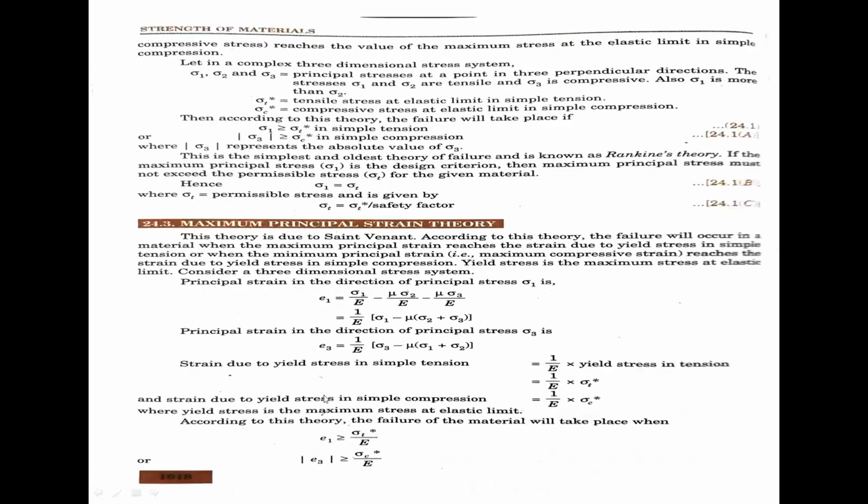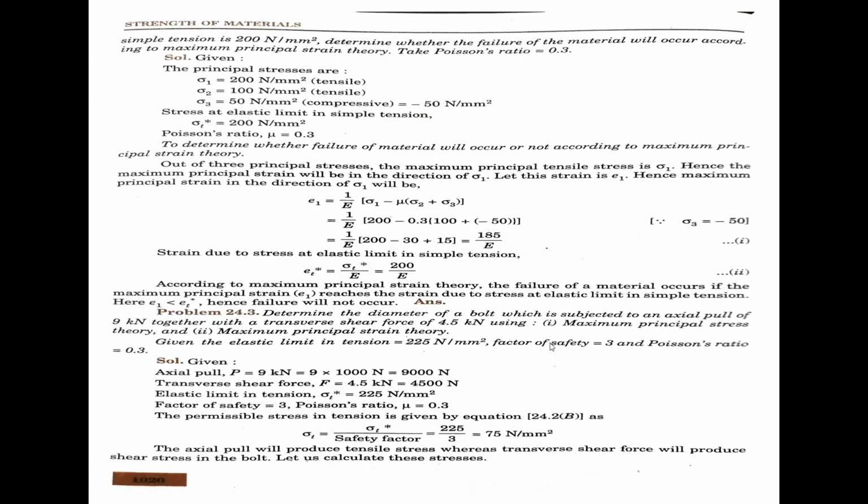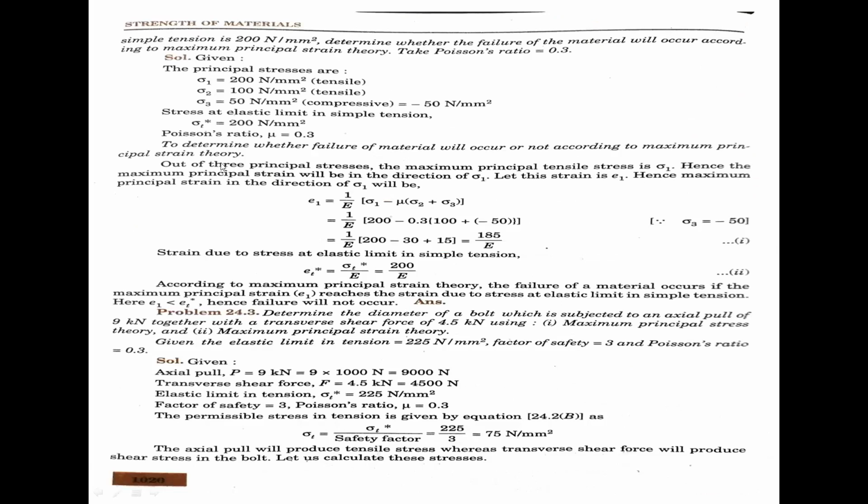These are the maximum principal strain theory equations. You get the e3 value and e1 value. In simple tension, the formulas are sigma t star by capital E and sigma c star by capital E. For problem 24.2, substitute these values to finally get these two equations.